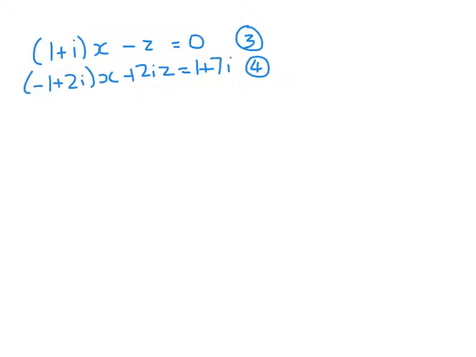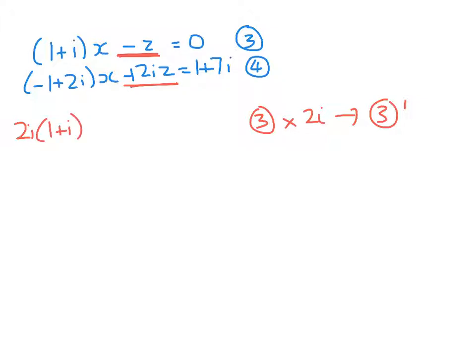So we do the same thing again. We take a look and we try and match up something. We're going to match here. This is going to be the easiest to work with. So we need to multiply equation 3 by 2i. And that's going to give me equation 3 dash. Right, so we'll do this in lots of wee steps, of course. If you can do this faster than me, just pause the video and then forward through. Nice thing about this is I still have 0 on the right hand side.